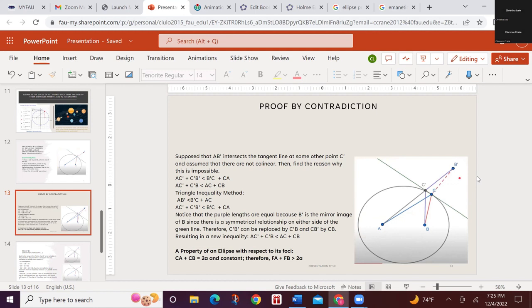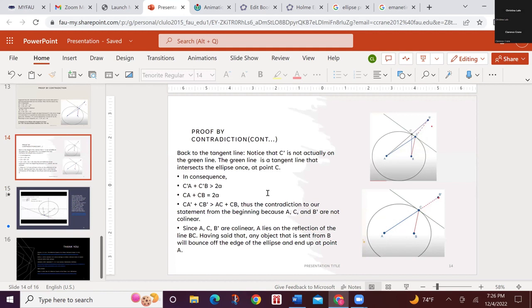Now we also know a property of an ellipse with respect to its foci, that CA plus CB equals 2A, is constant, as we saw earlier with the planet Earth and with the demonstration from GeoGebra. Therefore, FA plus FB will be equal to 2A, sorry about that.